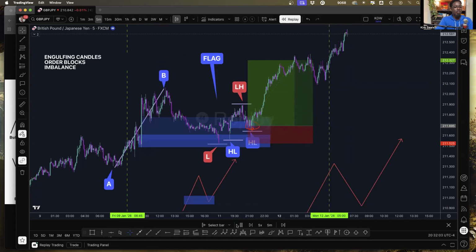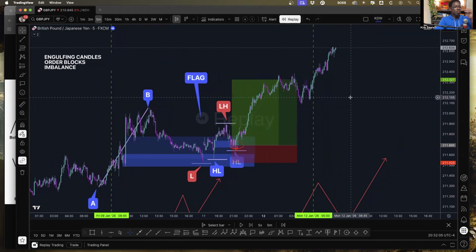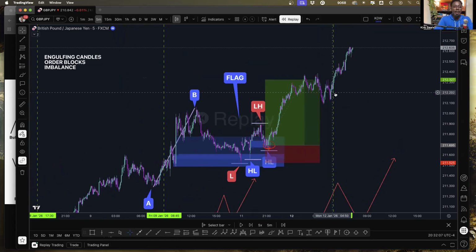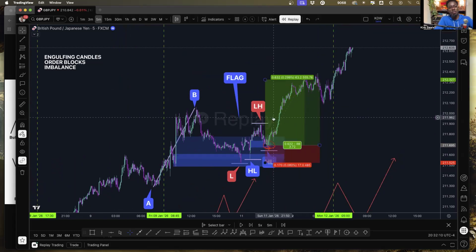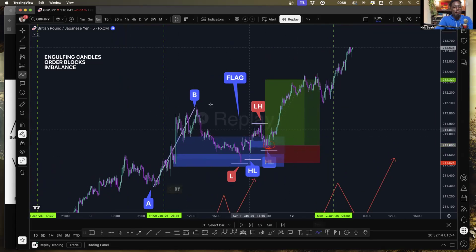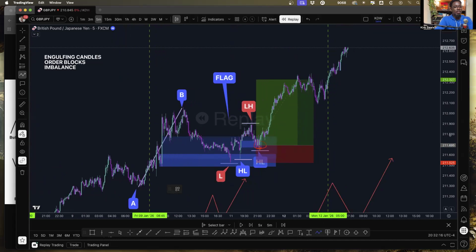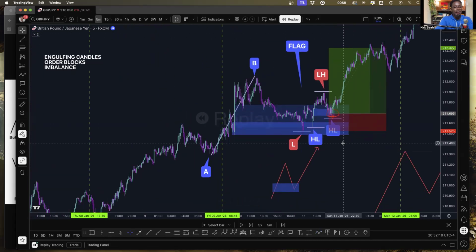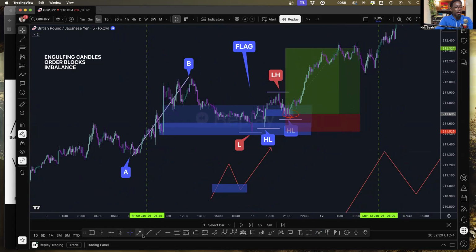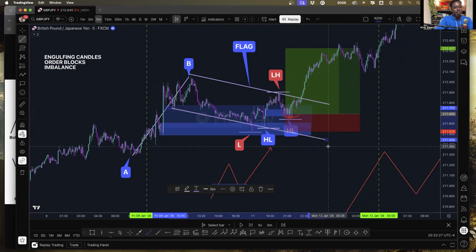All right. So that essentially is how we could have ended up trading this. Now, this price action didn't give us a nice flag. It gave us a flag, but you would have to have a bit more experience to really capitalize on it.